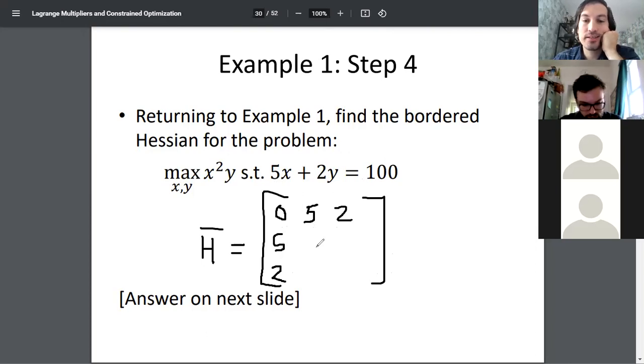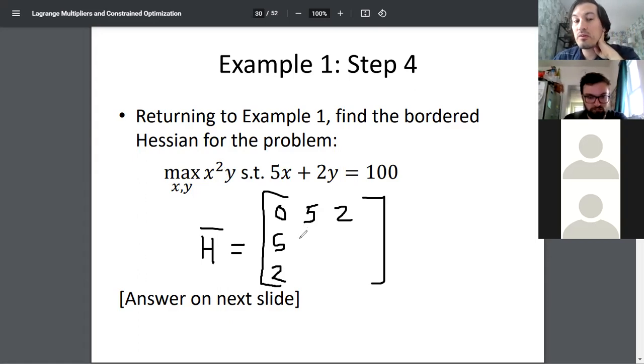Not necessarily as obvious as it was before. We have X squared Y here. You want to take this derivative with respect to X twice. What will you get? What is fxx? Would it just be 0 for that one?